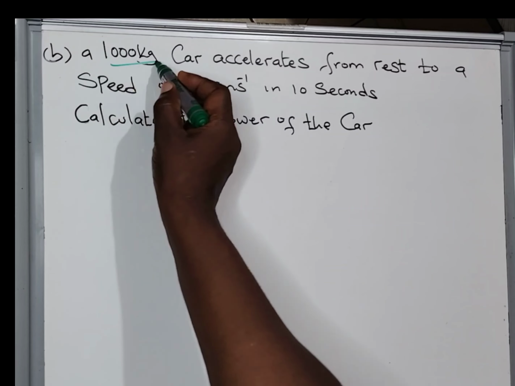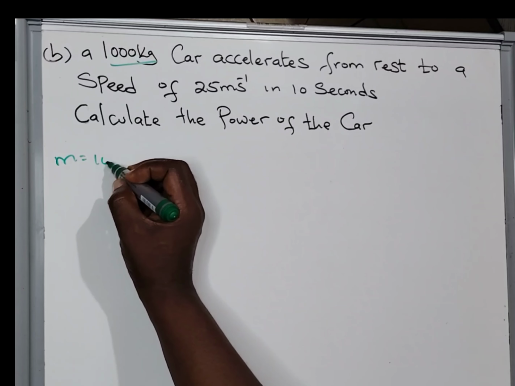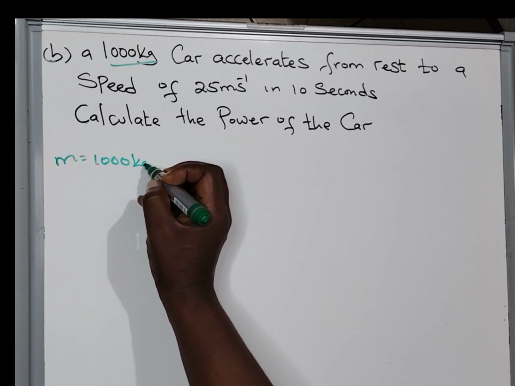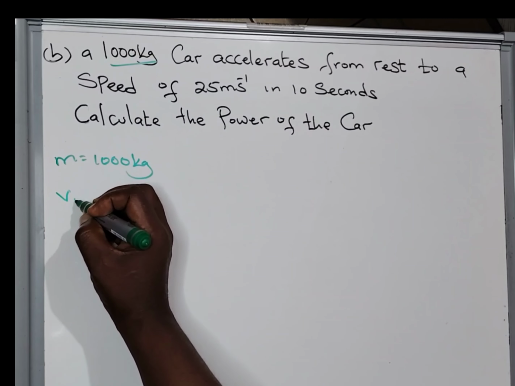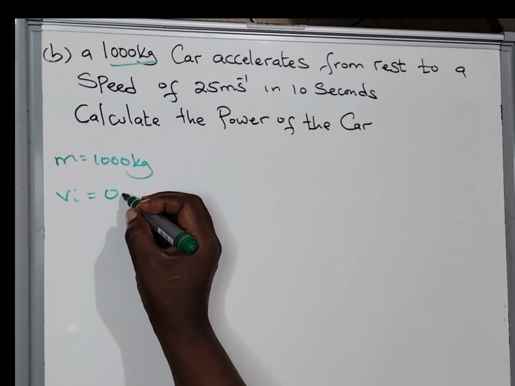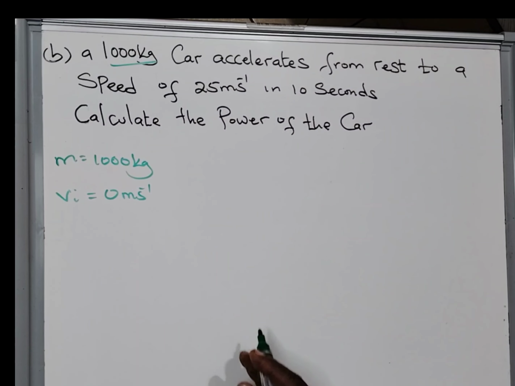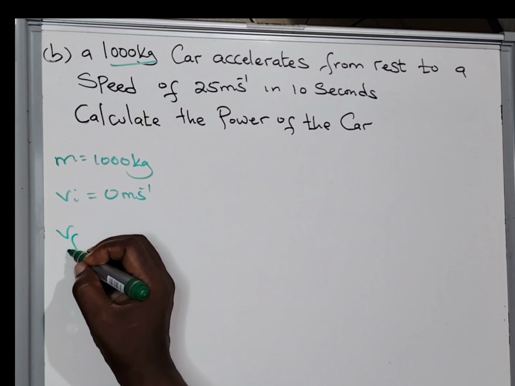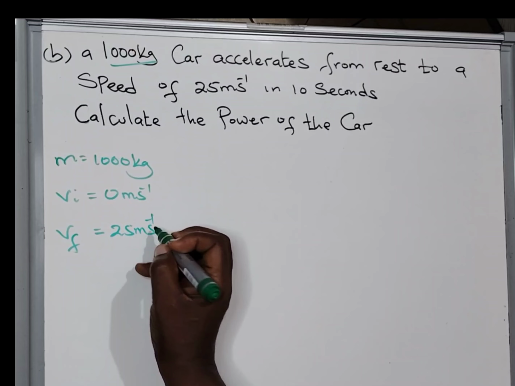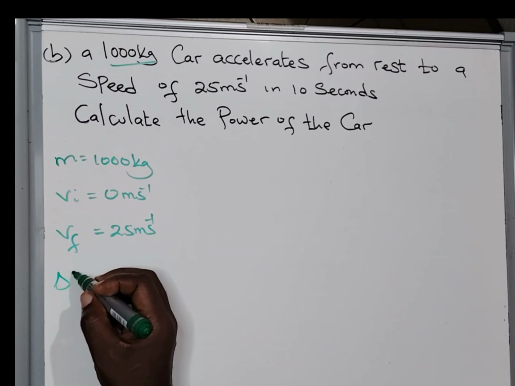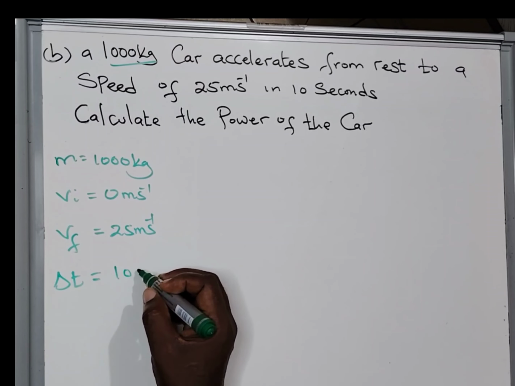We have a mass. What else do we know? We have the initial velocity, rest means 0 meters per second. You have the final velocity, which is 25 meters per second. You have the time, which is 10 seconds.